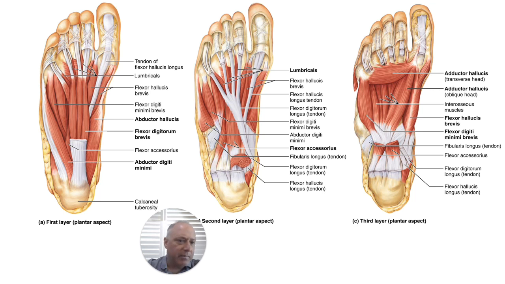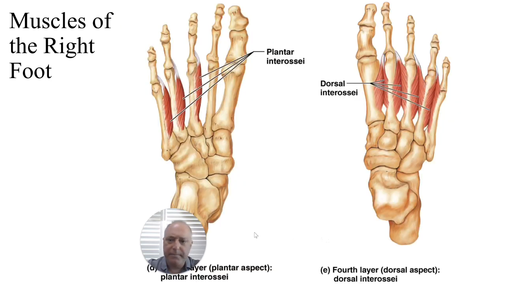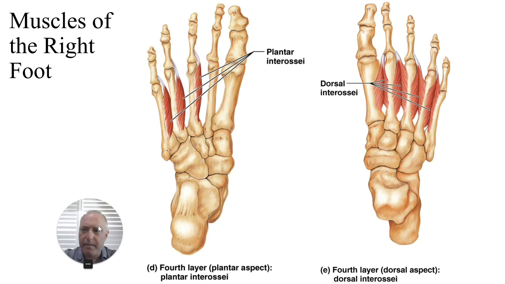And deep to that, adductor hallucis, flexor hallucis brevis, flexor digiti minimi brevis. And then the most deep plantar aspect would be the plantar interossei. And then you flip, you've got your dorsal interossei.